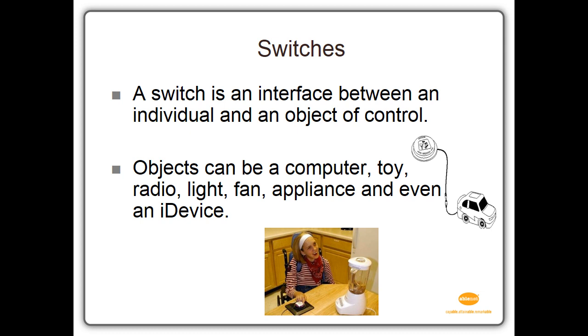When we're talking about switches, we are talking about the fact that a switch is the interface between the individual and an object of control. So you can see here that we have the switch, and it's plugged then into the car. The car is battery operated, so it does need something called a battery device adapter that is inserted between the battery and the connection.